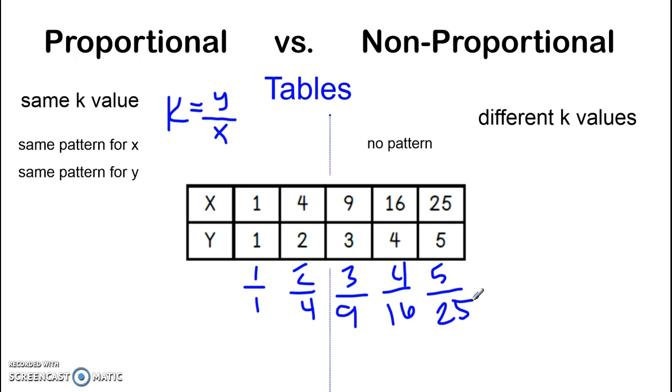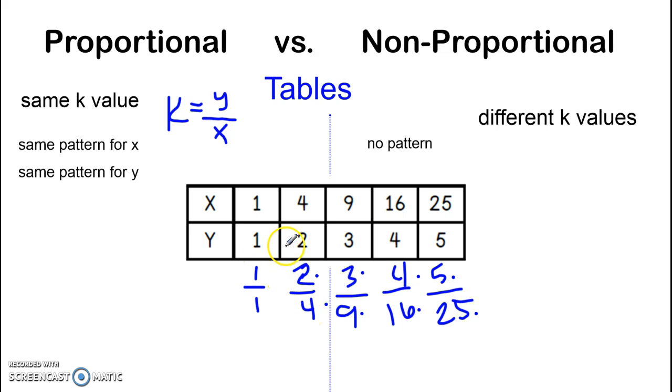Now, there's a relationship between each of these tops and bottoms, but they don't all simplify to the same thing. And that automatically tells me that this is a non-proportional table. Because we have 1 over 1 equals 1 whole, but then right away we have 2 divided by 4, which gives us 1/2.